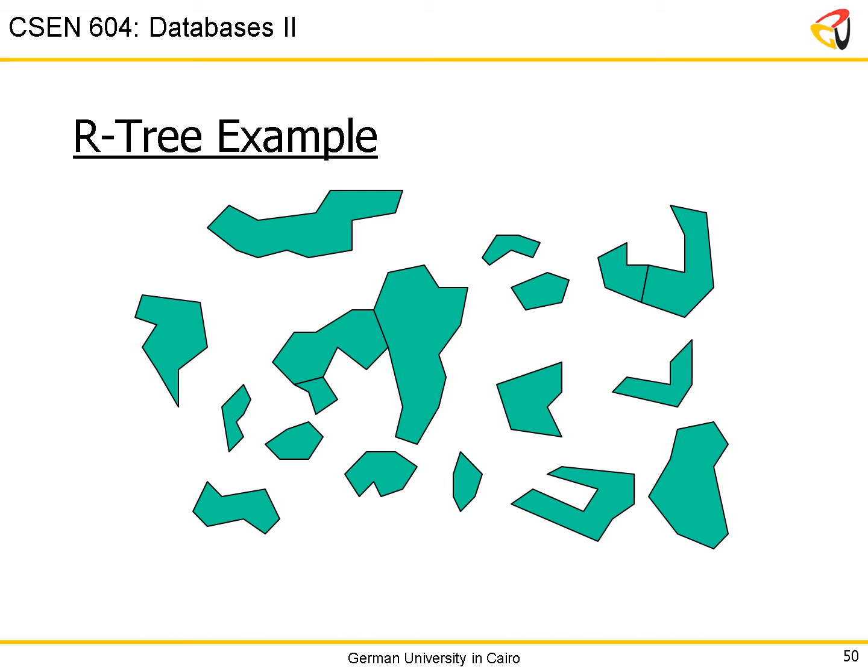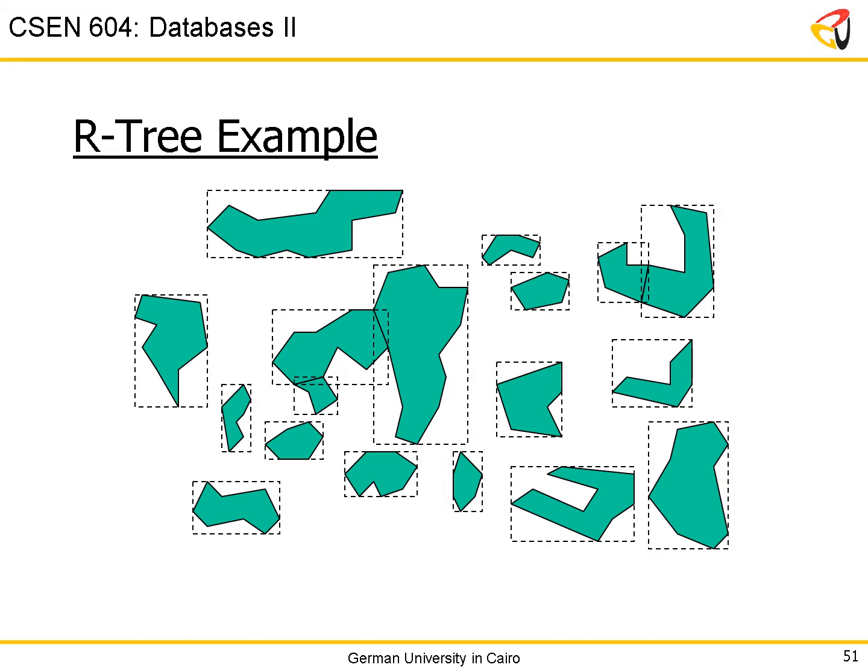So given this set of polygons, what we're going to do is compute a bounding box for each one of them. Is that an easy operation? Geometrically, yes. You can do it in a decent amount of time. There are geometric techniques that enable you to find bounding boxes for any polygon. That's what we found now. As you see, every polygon is surrounded now by a bounding box.